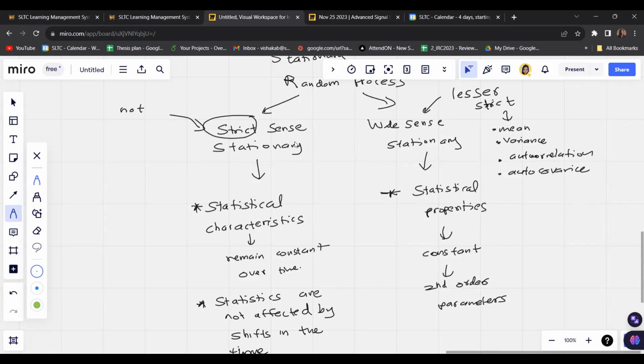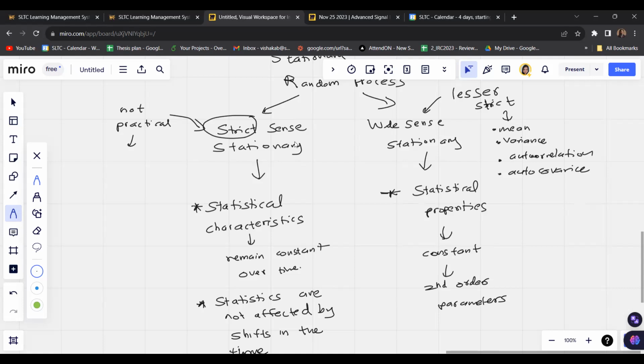There are many random processes, but most are not strict sense stationary processes. This definition is based purely on theoretical understanding of the strict sense stationary processes.